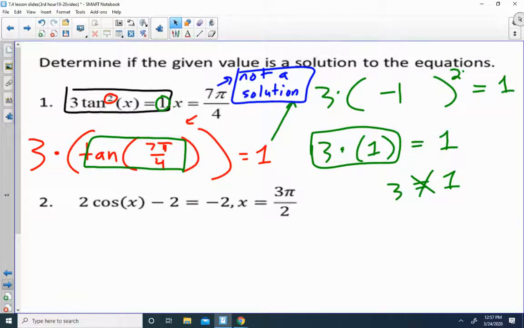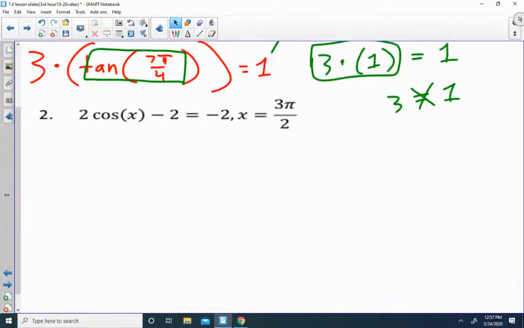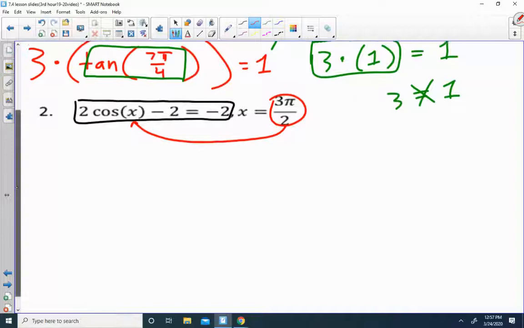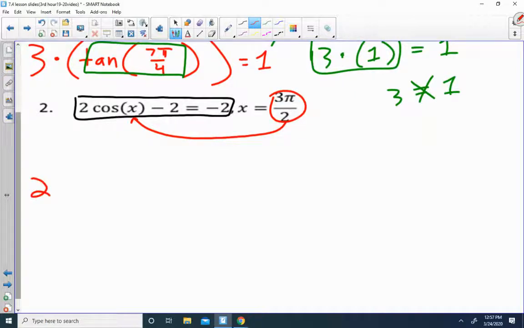Now let's do the same thing for the second one. Here we have 2 cosine of x minus 2, and we want to see what will make that equal -2. The value we're going to test is 3 pi over 2. We're going to plug that in for the x and see what happens. So in other words, we're going to be doing 2 times cosine of 3 pi divided by 2, and then we're going to subtract 2.